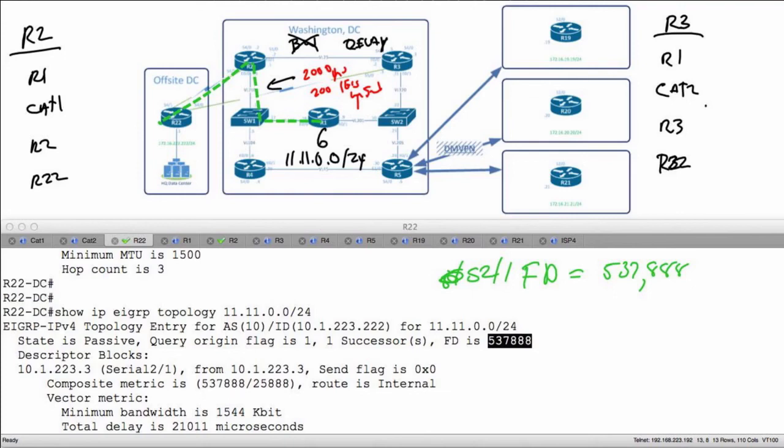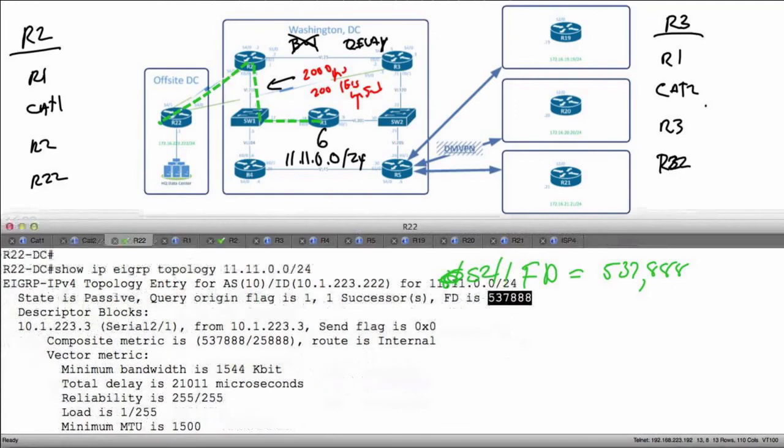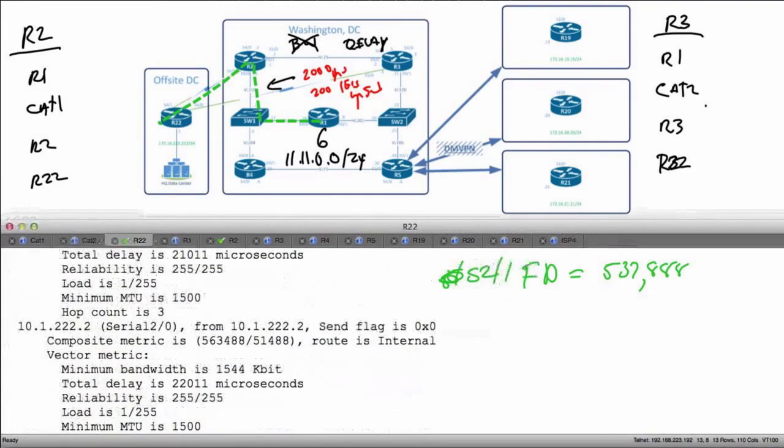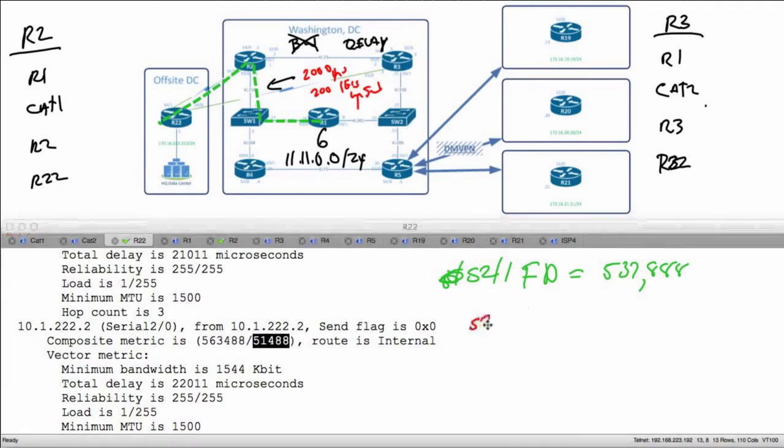Now, the other part of this is can I install the second prefix in my routing table? Well, let's look at what's going on here. So what did I say? I said we could place it in the table provided the advertised distance, in this instance through S20, from this device to us says it is 514.